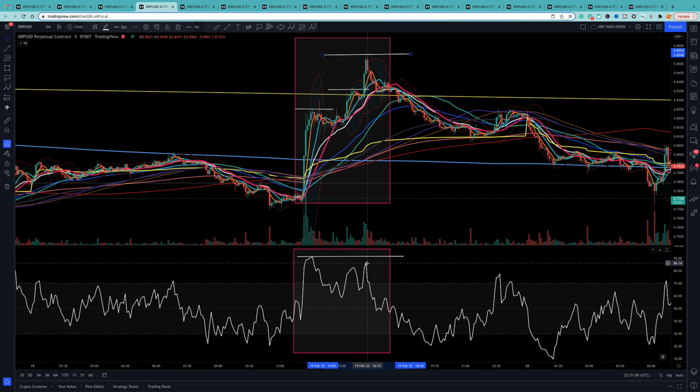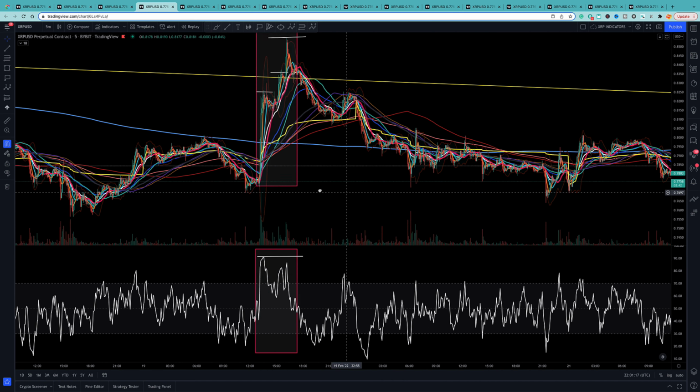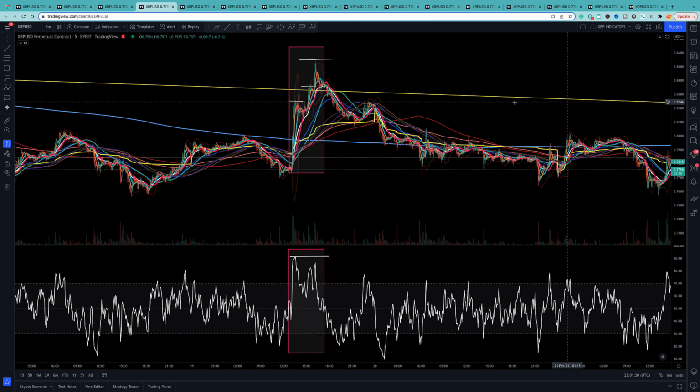So all that push up, and this didn't even make it back level again. So it's telling you that it's getting exhausted. So then you know that this is the peak, and it's coming in for a correction. So it gives you a really solid indication.